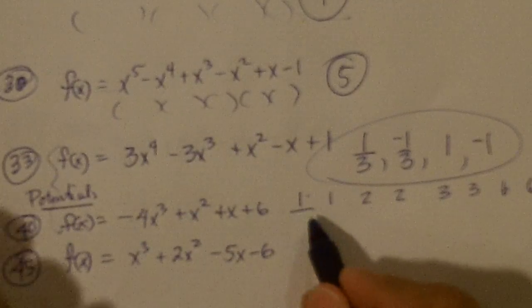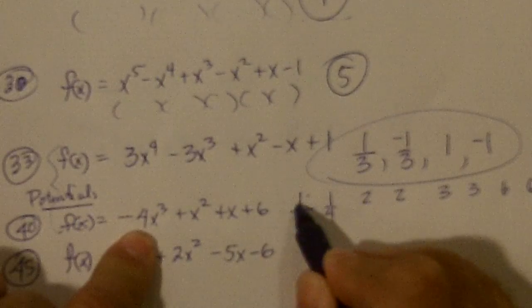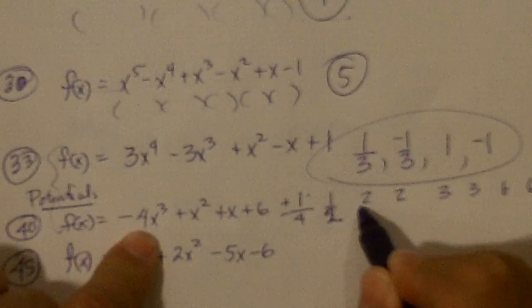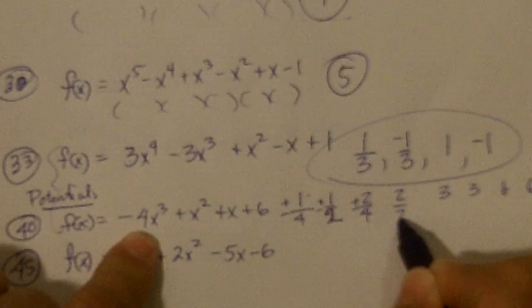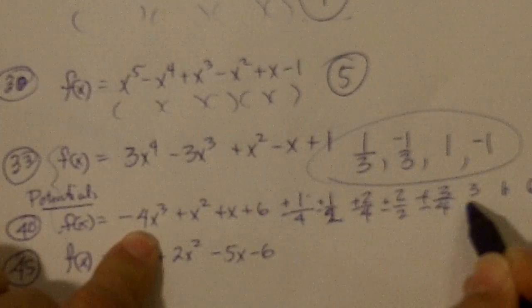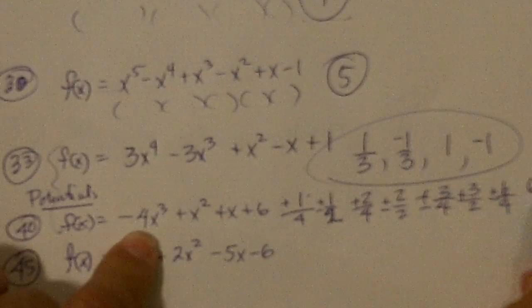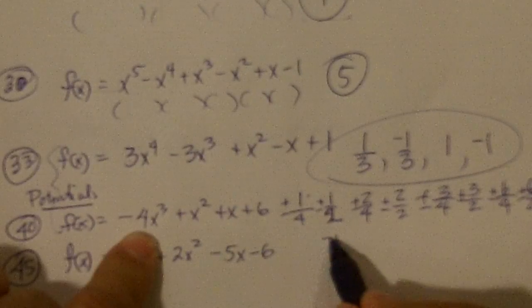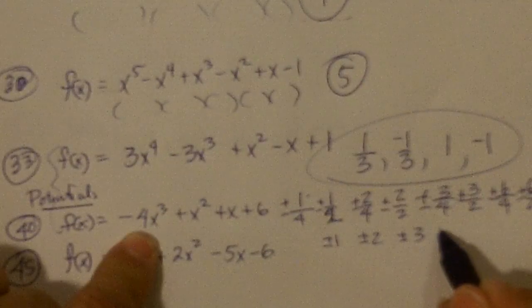And they could be over 4, or a 2, or 4, or 2, over a 4, or a 2, or 4, or 2, and they all could be over 1, which would have been plus or minus 1, plus or minus 2, plus or minus 3, and plus or minus 6.